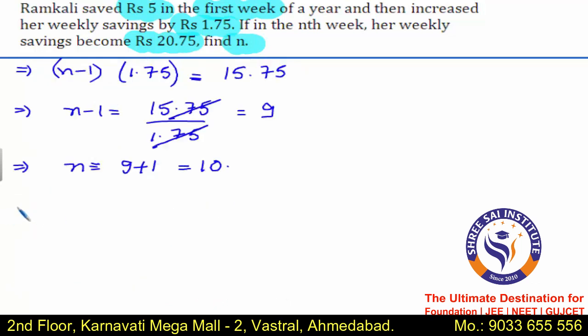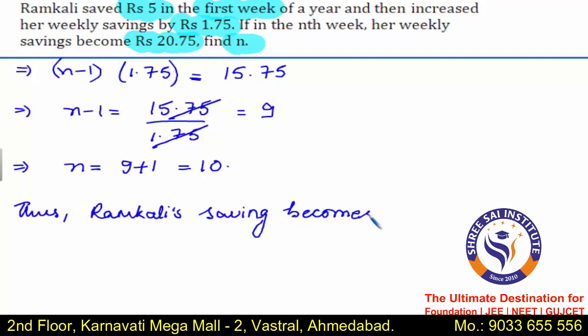Thus, we can say that Ramkali's savings become rupees 20.75 in the 10th week. So this completes our solution.